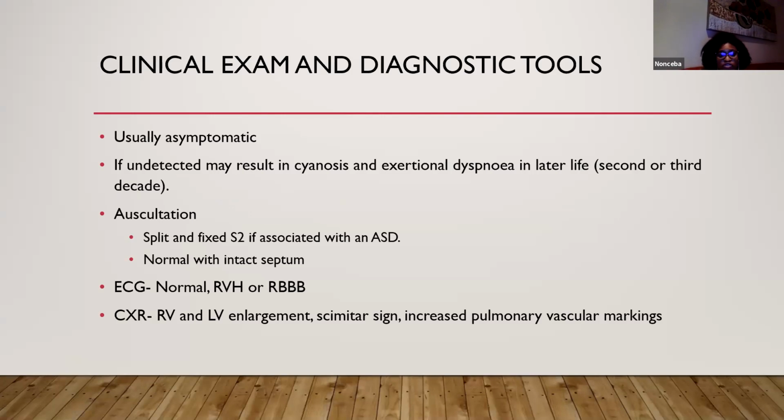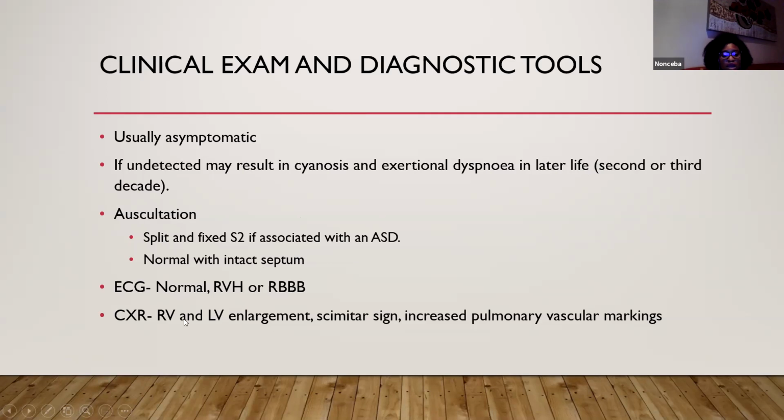We've got one of the patients that we saw just recently, which I'll show you the images of just now. On auscultation, they tend to have a split and fixed S2 if it's associated with an ASD, and it can be normal if there is an intact septum. The ECG can be normal, or you can have right ventricular hypertrophy, or they can present with a right bundle branch block.